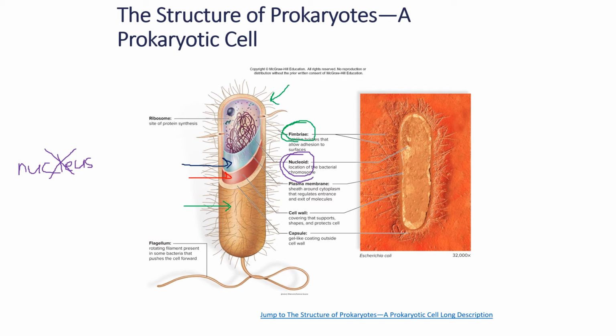It's just the area of the cell where the DNA is. So think of an apartment with rooms versus a loft apartment. The prokaryotic cell is like a loft apartment in that there's no rooms. There's not a bedroom and a living room. Your bed is just in a certain corner or area of the loft, much like your nucleoid is.